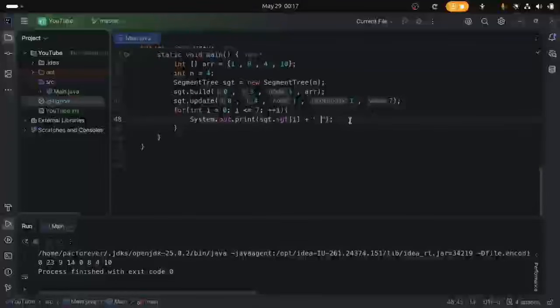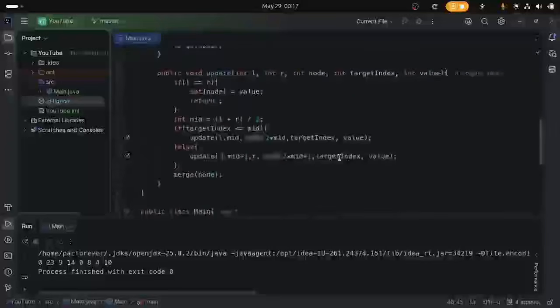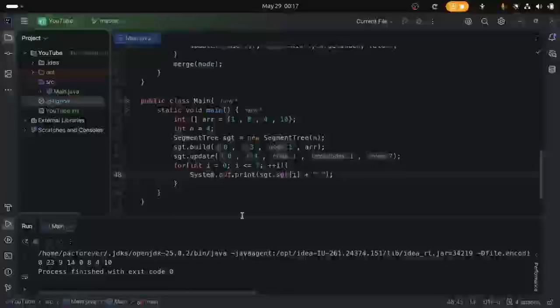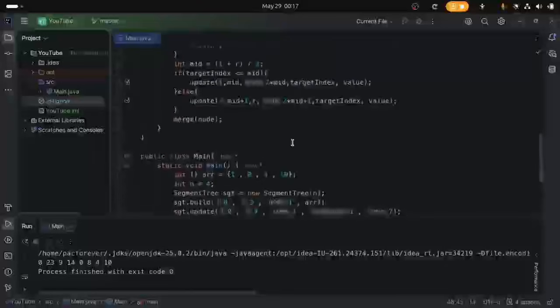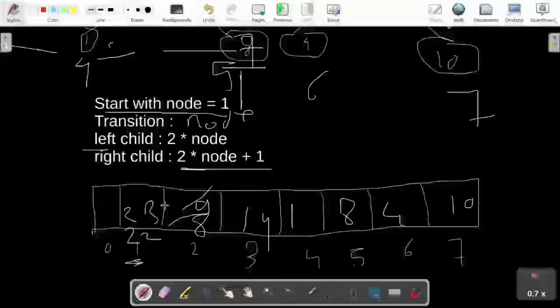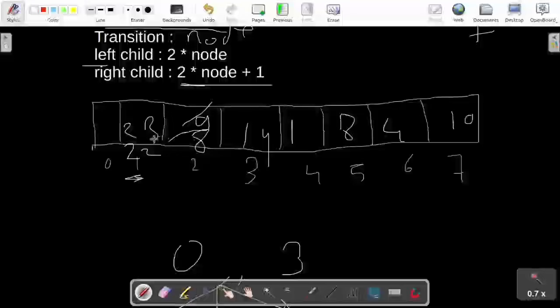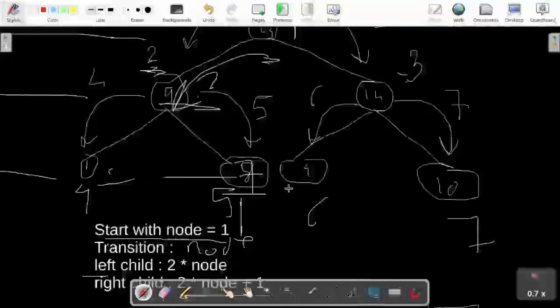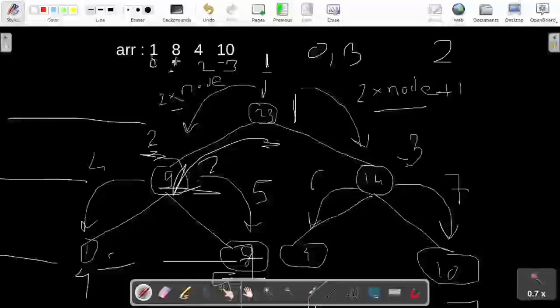What's wrong? Why the values didn't get updated? I think I messed up somewhere. Even here it is 0. It shouldn't be equal to 0. We should have something like 22, 8, 14, or 8, 10. This was my target index.